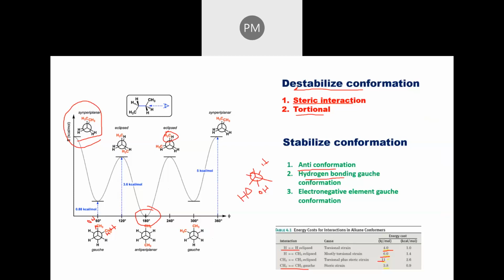This will be the stable conformation because there is a possibility of hydrogen bonding. For any conformation you have to remember that the stabilized conformation will be anti, and if there is hydrogen bonding, that is the gauche conformation. Hydrogen bonding is present, not anti. And if an electronegative element is present, then there will be gauche conformation.